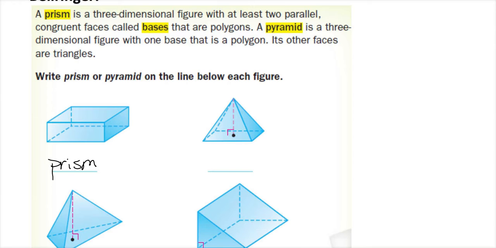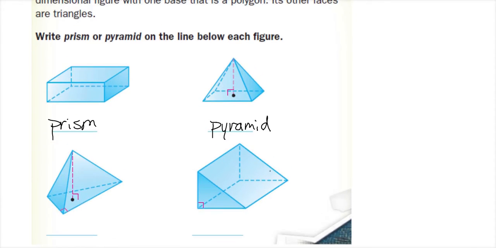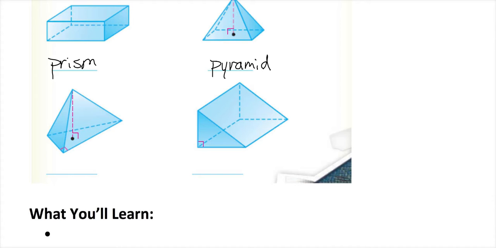Next, this is a pyramid. This one is a pyramid. And this last one is a prism.